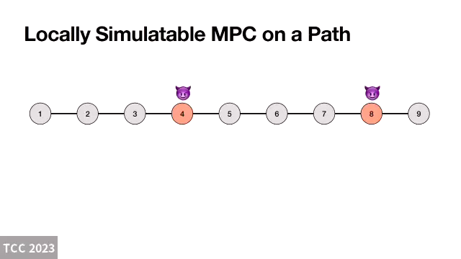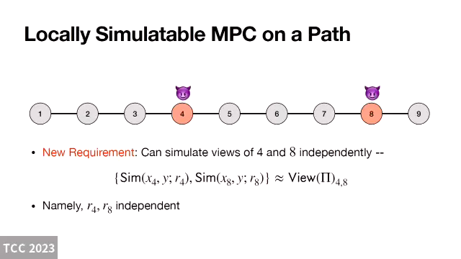Usually for MPC, we say that we have a simulator that can take together the inputs and the output of both parties, 4 and 8, and simulate their views in the protocol. We now have a new requirement where we mandate that we can simulate the views of these two parties independently. So namely, given independent randomness and the parties' individual inputs and output, we can simulate the views.